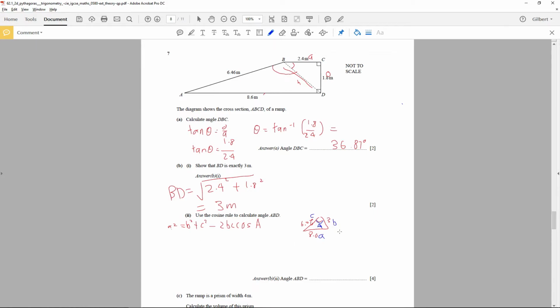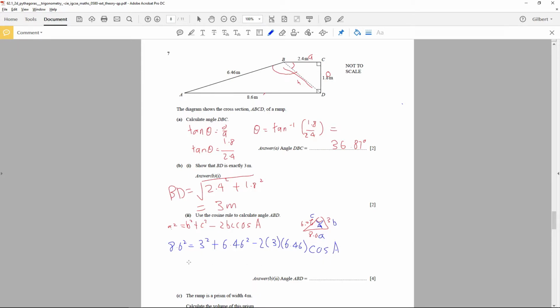Putting everything into the formula, 8.6² equals 3² plus 6.46² minus 2 times 3 times 6.46 cos A, which is the angle you want to find.